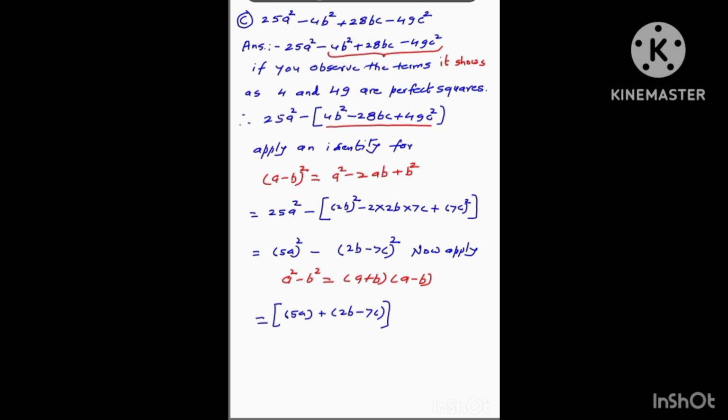So 5a plus 2b minus 7c is the first bracket, and 5a minus 2b minus 7c. Now open the bracket. 5a plus 2b minus 7c will be in one bracket, because minus minus is plus, in the second bracket the c term will be plus: 5a minus 2b plus 7c, okay. So these are your factors, very simple.